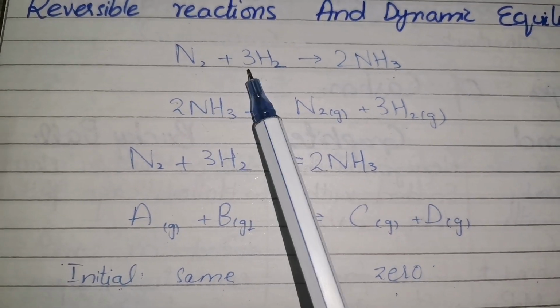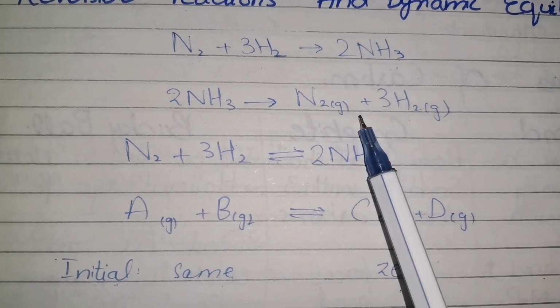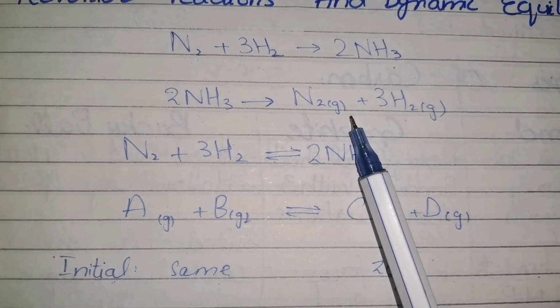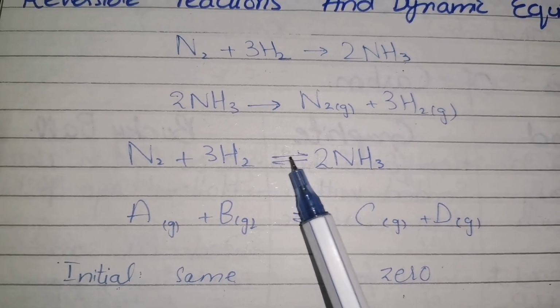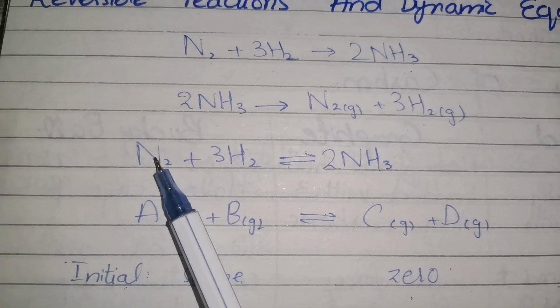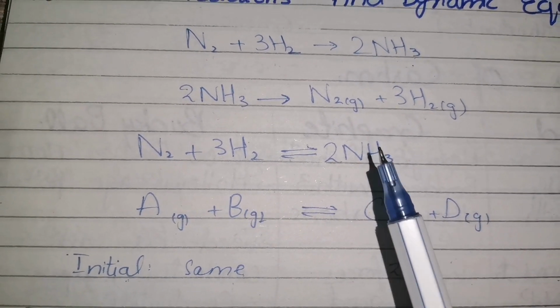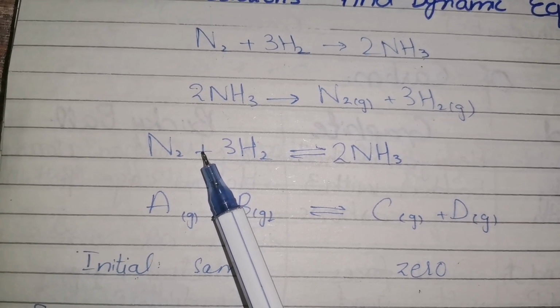Which means that the reactants are converting into product and this product is again converting back into reactants. So we can write this reaction in this way, forward arrow as well as reverse arrow. So the reactants converting into product and the product is again converting into reactants.